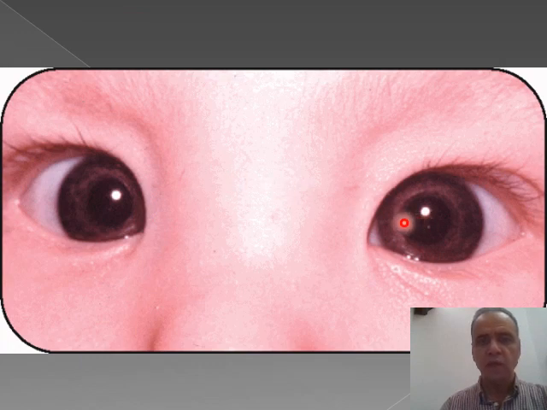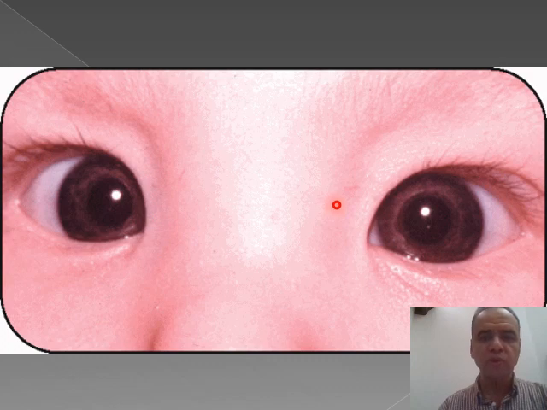This child has apparent squint due to wide epicanthic folds. These folds cover the nasal part of the sclera, so they give the observer a false impression of esotropia.